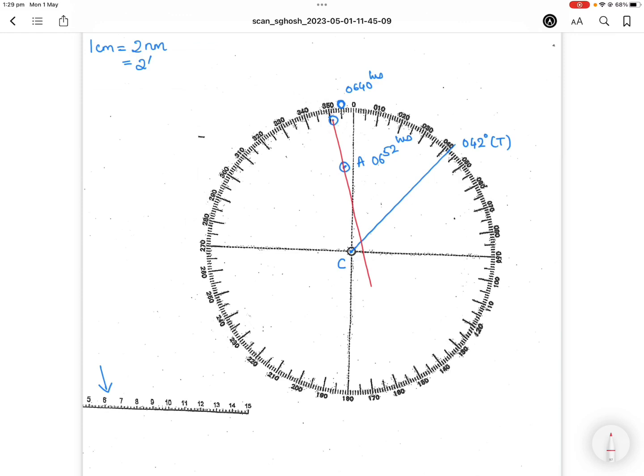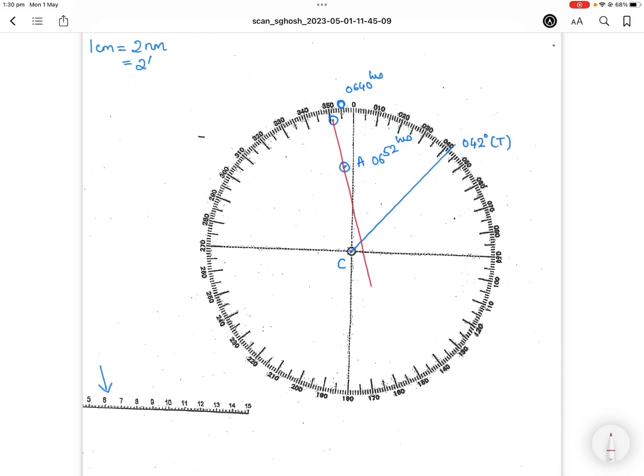Then I will plot my ship's course going in reverse from O. I'll show you what I mean. You have your ship's course 042, right? You take 042, orient your parallel ruler in the center in the direction of 042 and 222, which is 180 degrees away from 042, and then you move it in such a way that you reach the point O. From O you draw the ship's course but going backwards, or reverse, or 180 degrees away from 042.